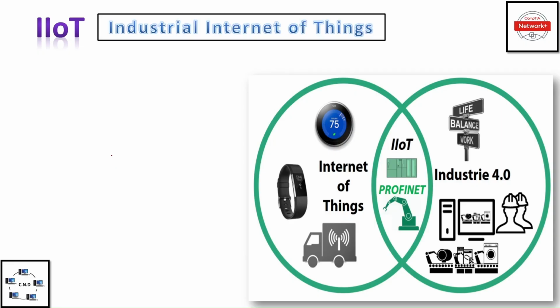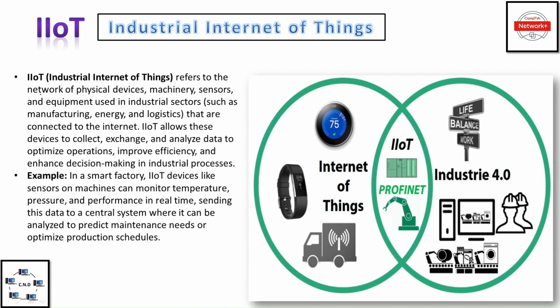IIoT, that is Industrial Internet of Things. IIoT refers to the network of physical devices, machinery, sensors, and equipment used in industrial sectors such as manufacturing, energy, and logistics that are connected to the internet.